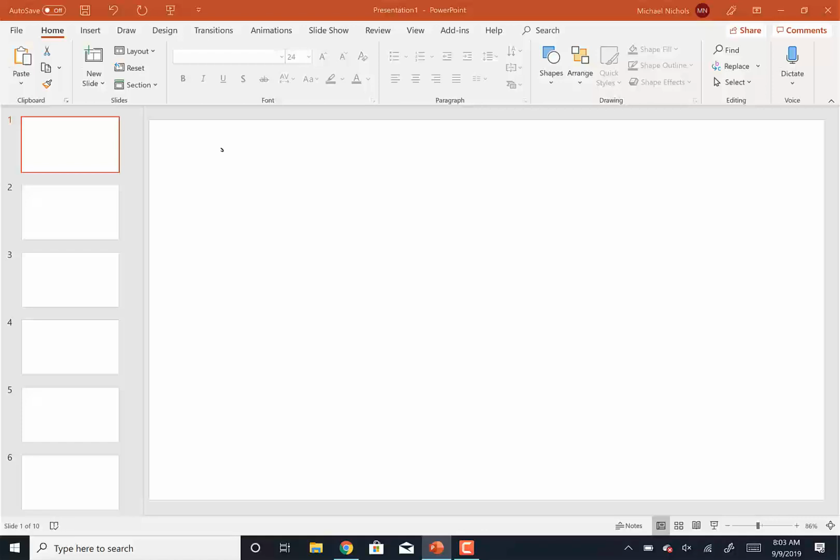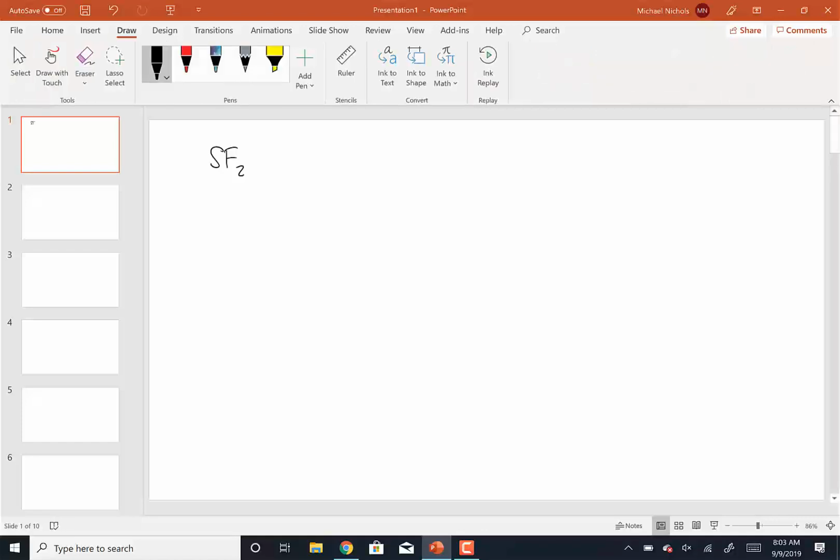So the idea of SF2, SF4, and SF6. And the way we would handle these three compounds is exactly the same way we did carbon. So we'll start with sulfur.